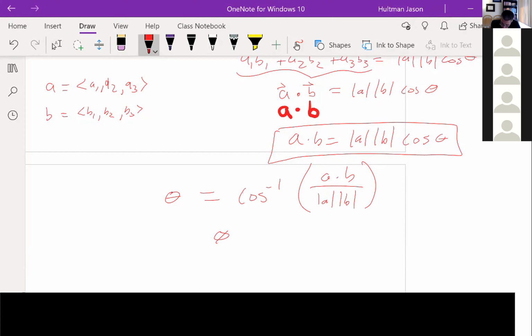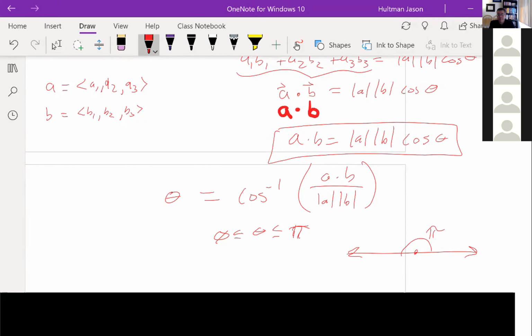So this is from 0 to pi. Why is this an angle from 0 to pi? Any ideas? Well, what's the largest angle that two vectors could make? 180.